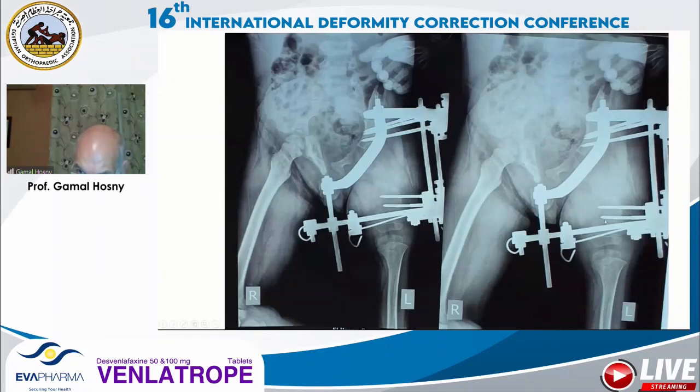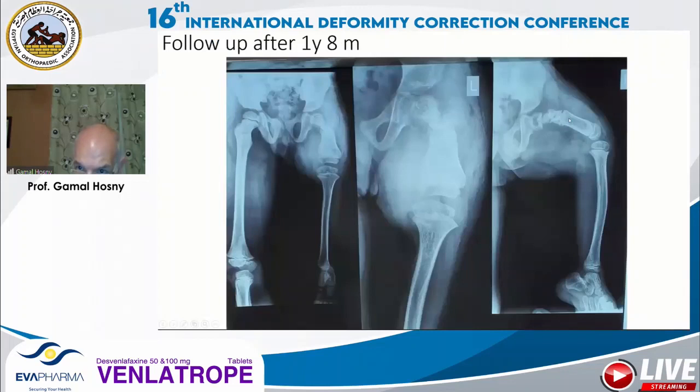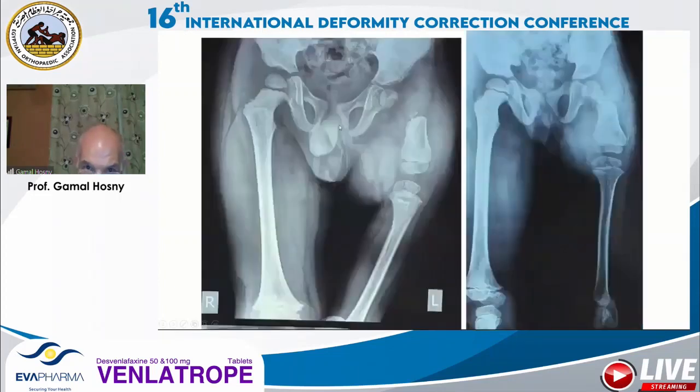You see the bone formation during distraction for about 4 months. And this is the end picture. Follow-up after 1 year and 8 months. We just stimulated the bone formation in this area. This is before and this is after.